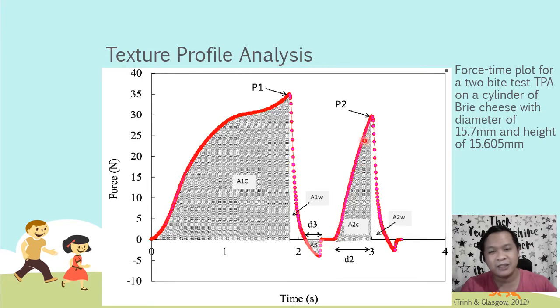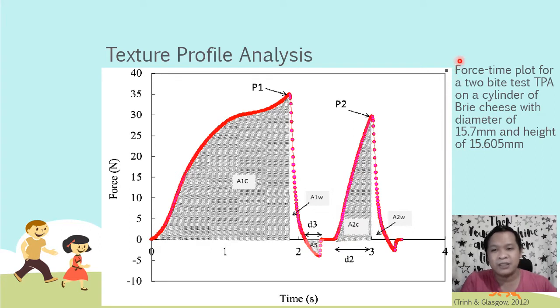Then second bite. So definitely on the second bite, there are a lot of changes. Meaning, for example, parang lumambot na yung pagkain such that mas madali na siyang ma-pierce through, etc. So there are different values here, yung peaks, yung areas under the curve. And meron silang technical designation, yung mga A2, A1, etc., P, D. We'll look at those in a while.